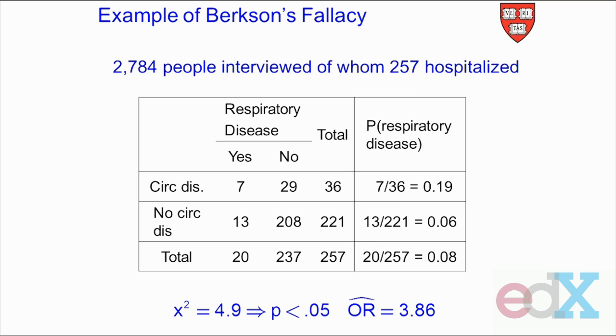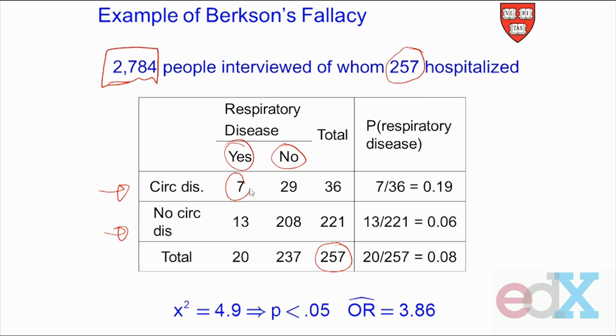Here's another example. There were 2,784 people interviewed, and of those, 257 were hospitalized. So let's look at those 257. Each one of those 257 was classified as either having a circulatory disease or not, and similarly classified as to whether they had a respiratory disease or not.